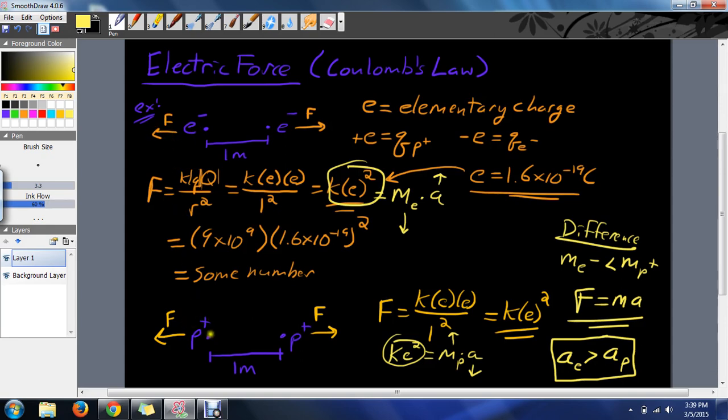And this proton much slower to the left also. So these guys will go apart much slower than these guys will go. Same force, because why? Same charge, same distance. The difference is only when you calculate the actual acceleration. I think that's a cool example.